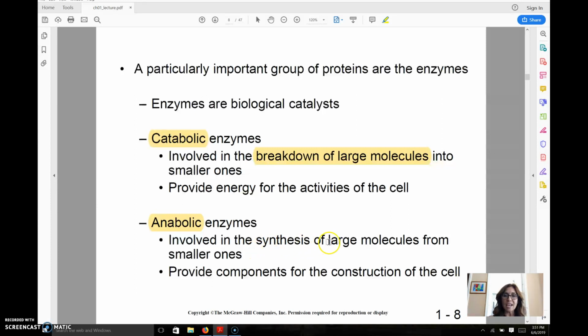Anabolic enzymes help you synthesize large molecules from smaller ones, so they're kind of gluing things together. The way I remembered it in undergrad was that cats rip things up. Don't be offended, I have a cat too, and she does rip things up, in my defense. Anabolic builds things, okay? So cats rip things down, Anna builds them back up again.